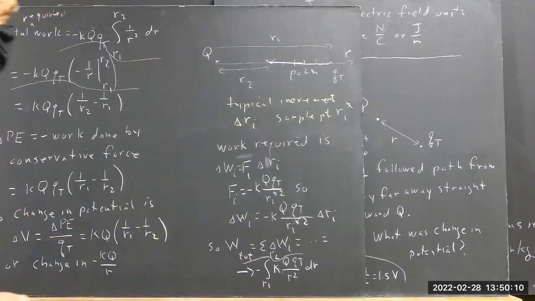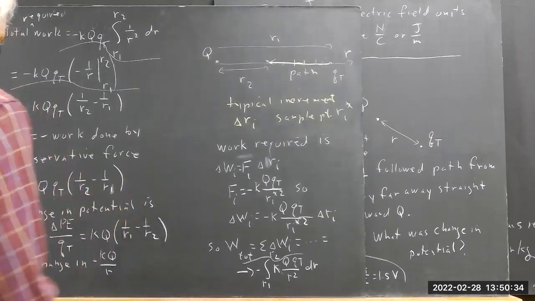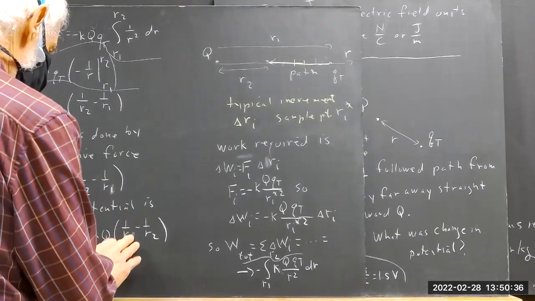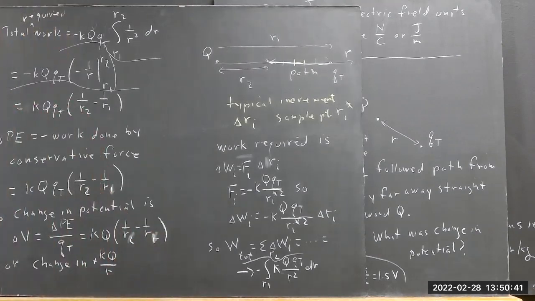But this is equal and opposite to the work done by the conservative force. And I'm just going to say by magic, you got to look at the book's derivation. It's the change in the quantity KQ over R.